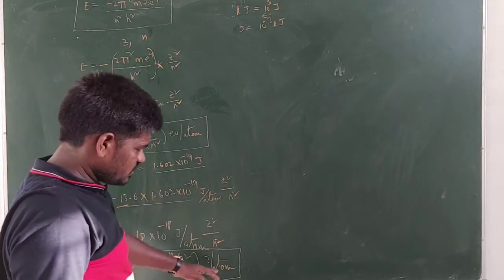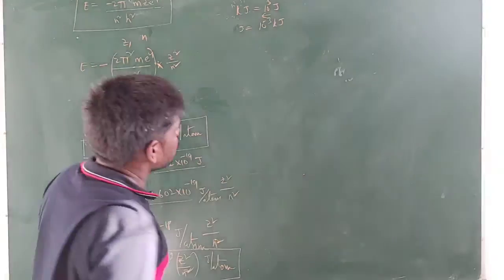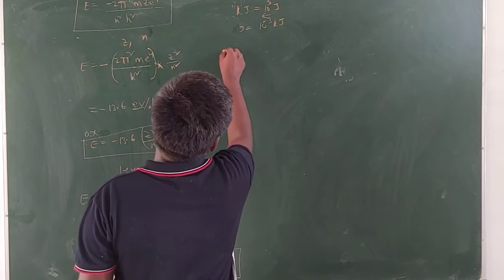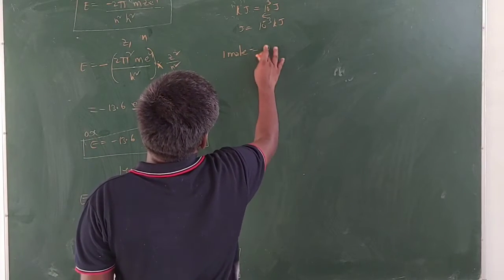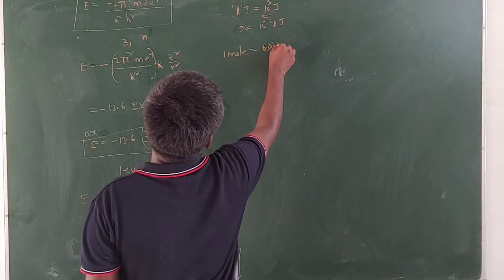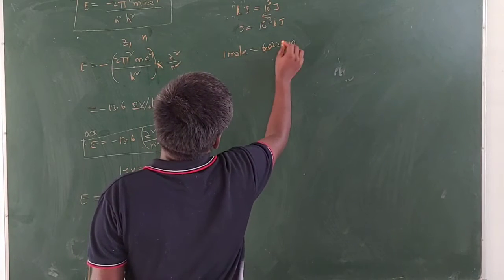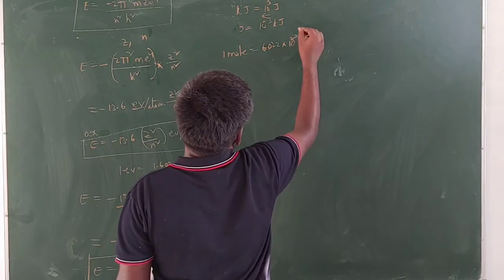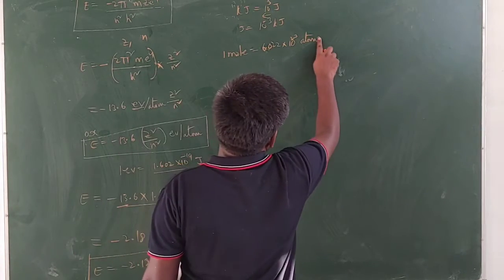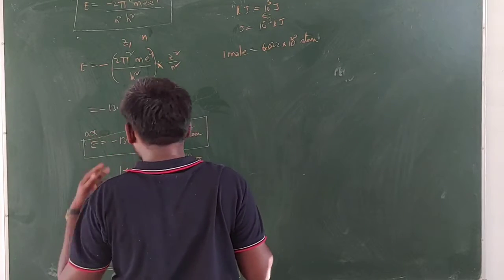Next this atom I have to change into mole. So we know already 1 mole is equal to 6.022 into 10 power 23 atoms. So now here I want 1 atom equals how many moles?